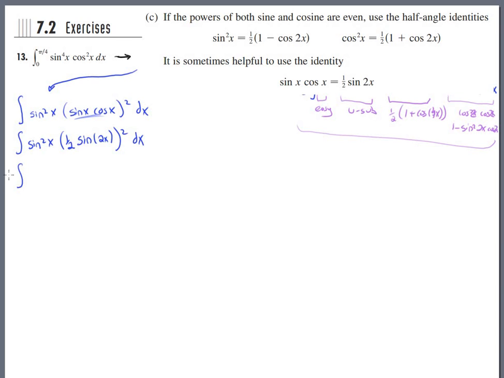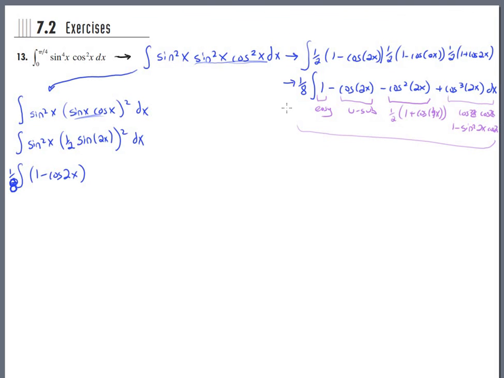So that's, maybe I'll move the 1/2 out front. 1/2 times 1 minus cosine of 2x. There's another 1/2 squared right here. So that's 1/2, 1/2, that's 1/4. I'll move that out as well. So we're getting a 1/8. That's the same, by the way, 1/8 that we were getting over here.